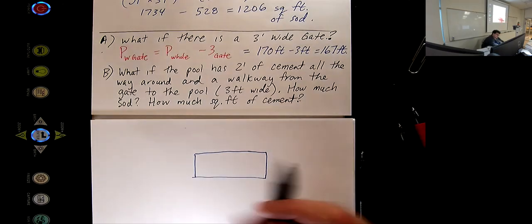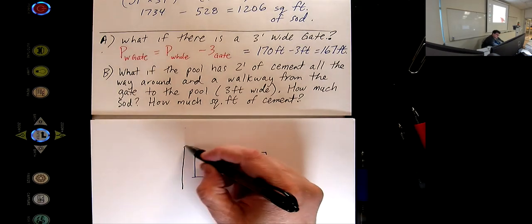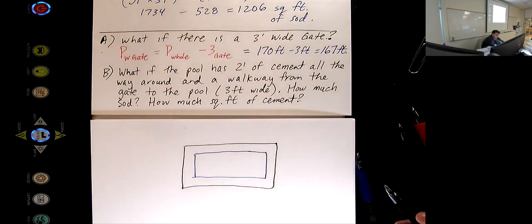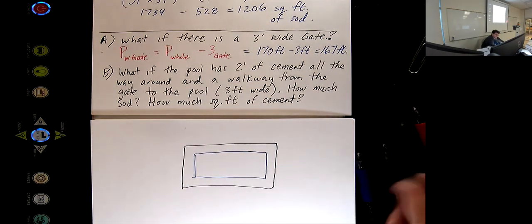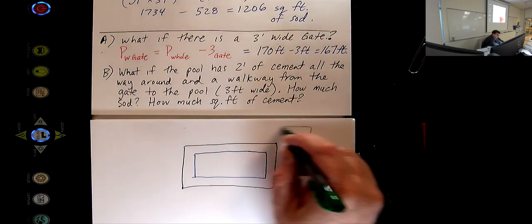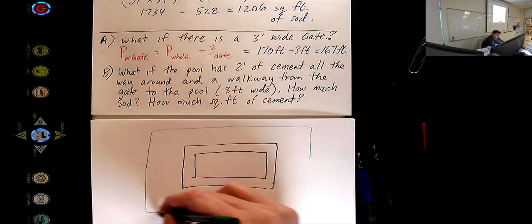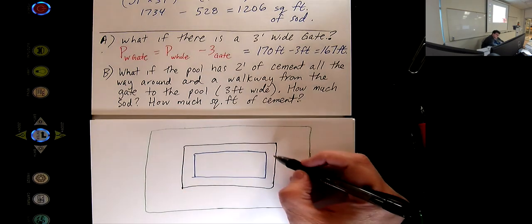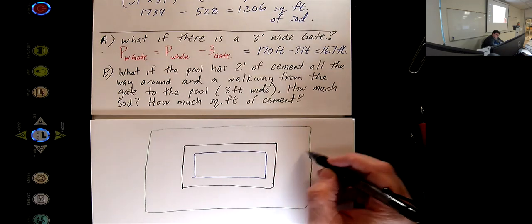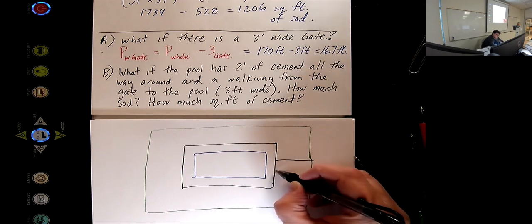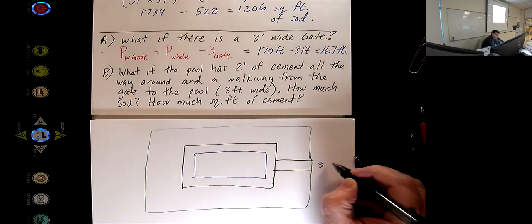Then we got 2 feet of cement. And I'll add in the walkway afterwards. So I know, maybe the gate is this wide, that's 3 feet, we'll call that 3 feet. This is not to scale.